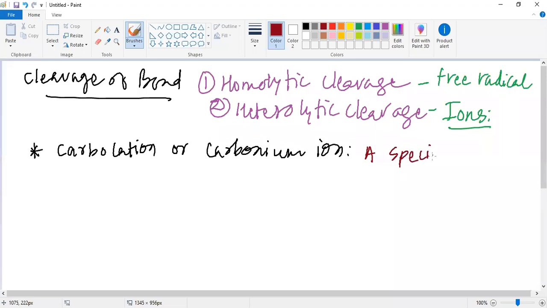A species having a carbon atom possessing sextet of electrons and positive charge.